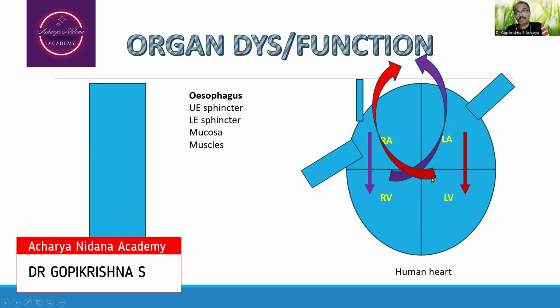The third major possibility is a narrow aortic valve, or otherwise atherosclerosis at the aorta. Because of all these reasons, the left ventricle may not be functioning at the optimum level. This can be applied to the left atrium, right ventricle and right atrium too. This is how we are able to learn organ dysfunction.